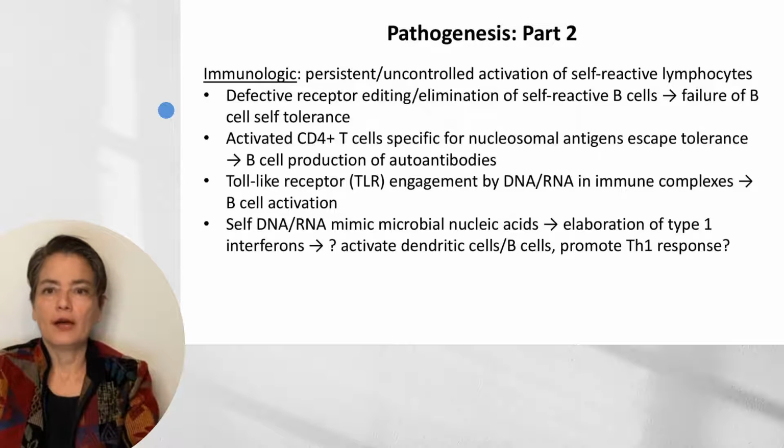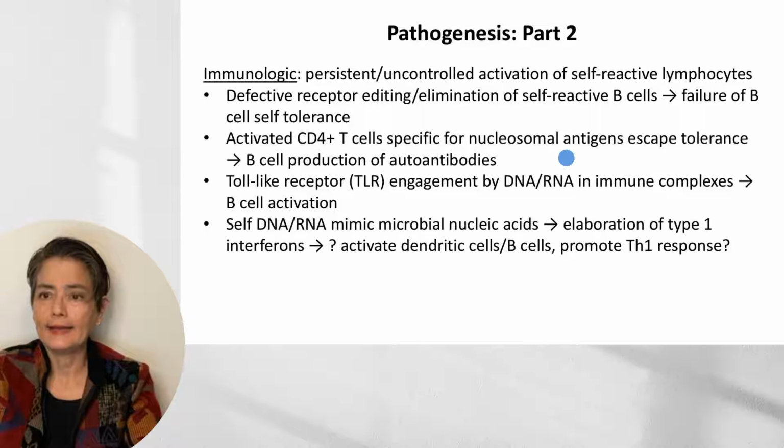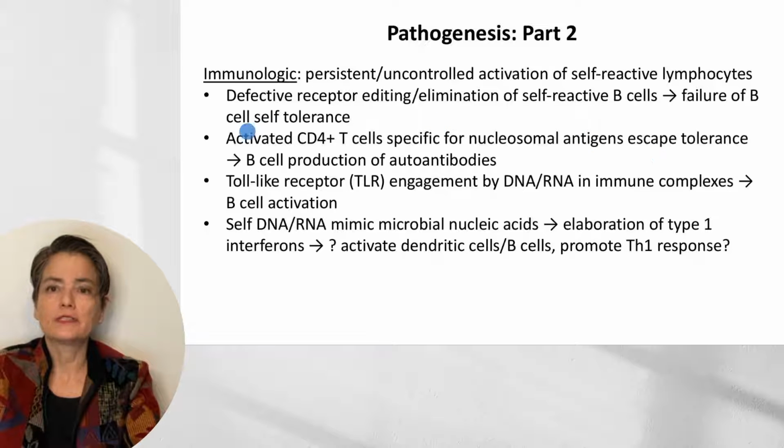So it's been shown that defective receptor editing or defective elimination of self-reactive B cells can be part of the failure of B cell self-tolerance. We also can see activated CD4 positive T cells that are specific for some of these nucleosomal antigens, so our ANAs, that escape tolerance and thereby stimulate B cell production of autoantibodies. So bringing in our helper T cells to have an impact on our B cells.